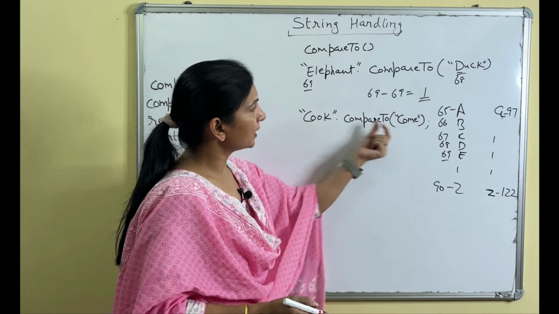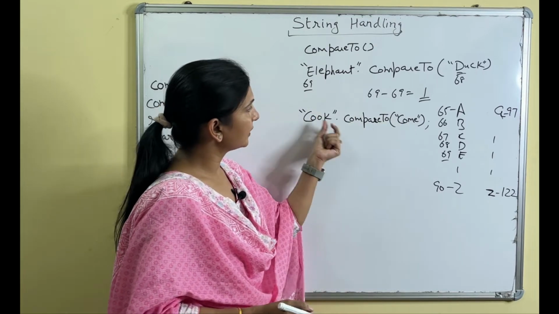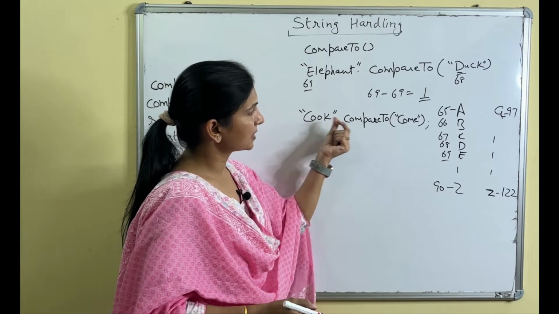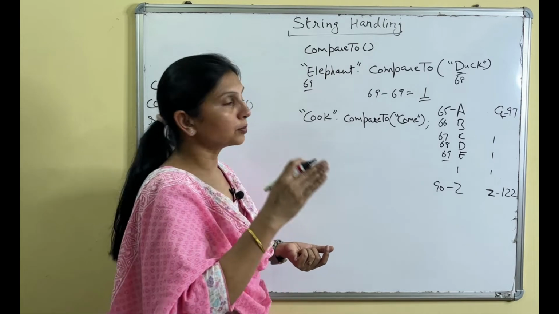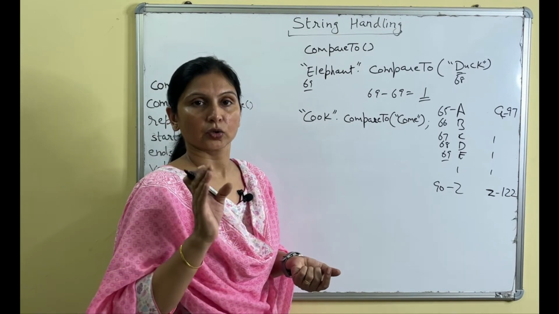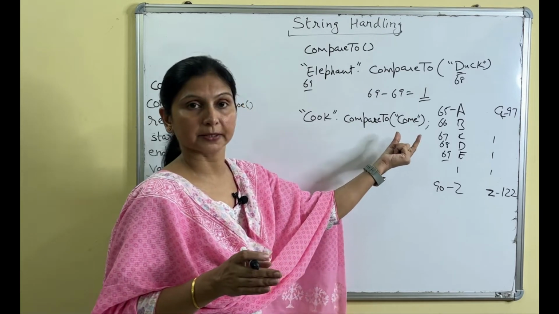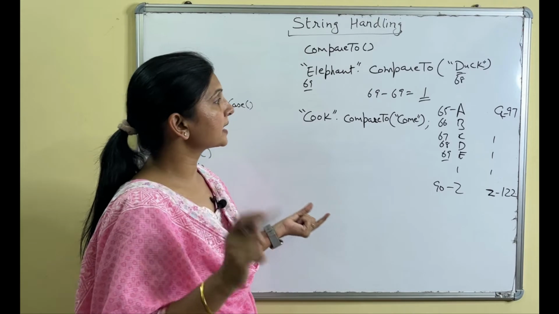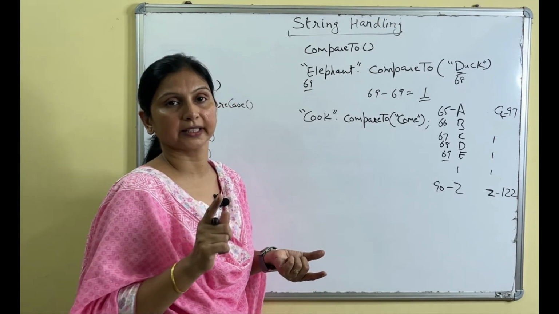Here it is small a, here also small a. Then again it will move to the next. Here small o and here small m. So it will keep on moving forward until it gets the different character. As it gets the different character, it will find the difference. So it will always calculate the difference at the first occurrence of different characters.